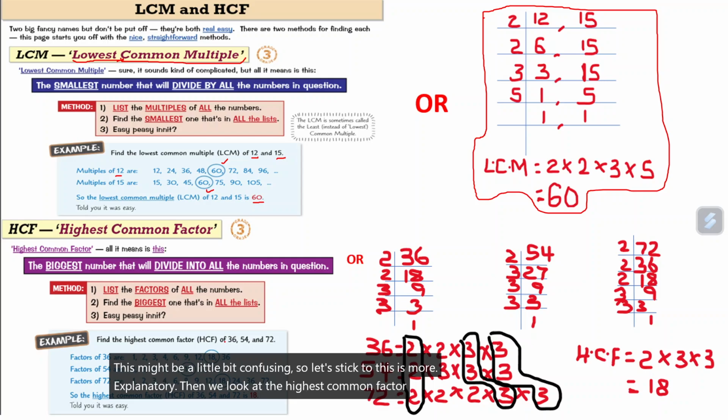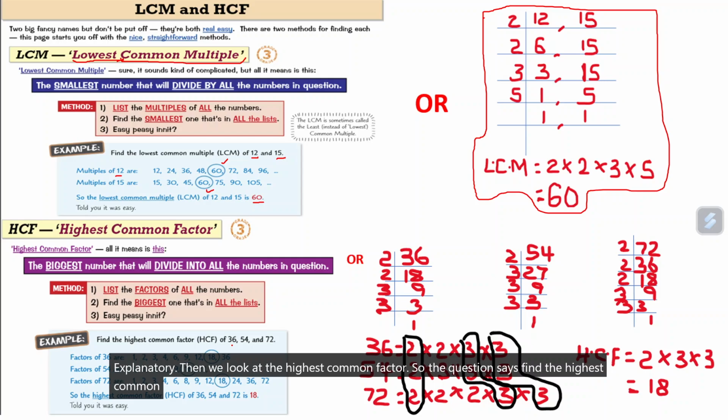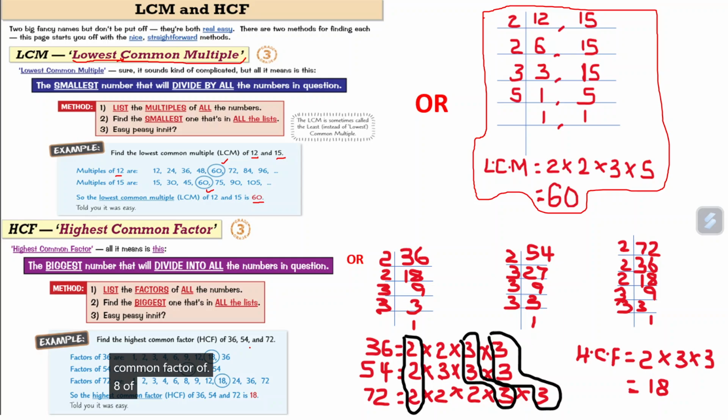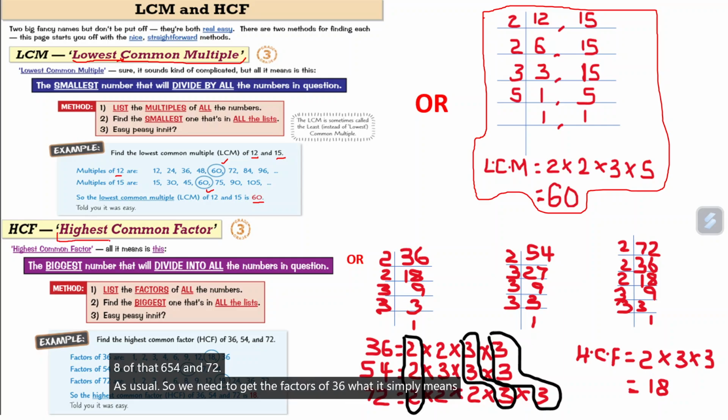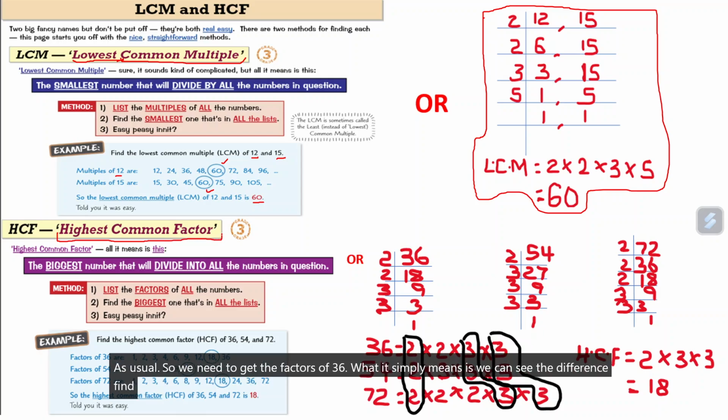So the question says find the highest common factor of 36, 54, and 72. As usual, we need to get the factors of 36.